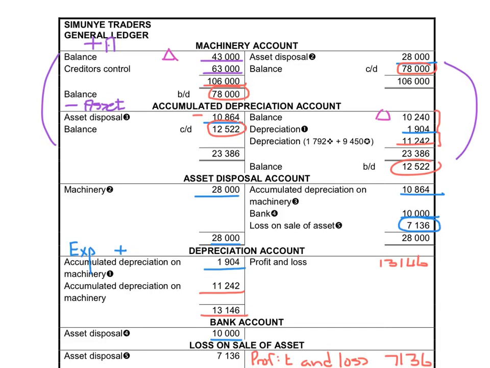I will determine what was the total depreciation that was written off during this current year. We wrote off depreciation on the asset that we've sold, and we wrote off depreciation on the two remaining vehicles at the end of the year. And I will add those two figures together to indicate what is my total depreciation at the end of the year.